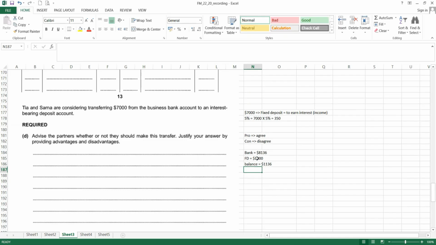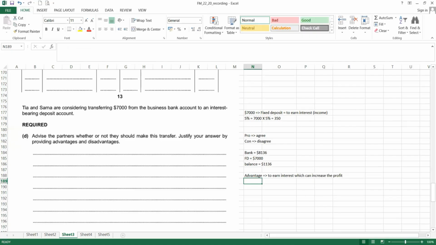But we still have to logic thinking. We should not put lah. But since they say advantage, disadvantage, we must talk. What is advantage first? So advantage is putting into the FD to earn some interest, which can increase the profit, because income is increase the profit.